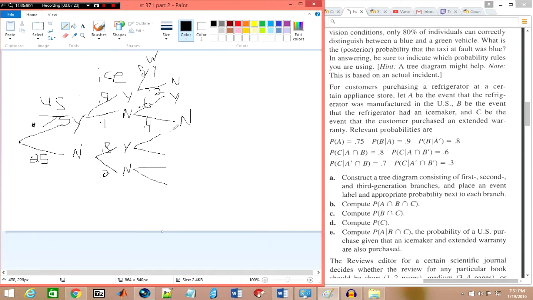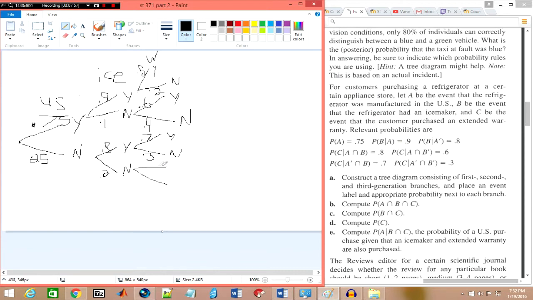All right. Now this is the probability of C given A complement and B. So that would be this one right here, 0.7 for yes, and that makes this 0.3 for no. And then this one will be the probability of C given A complement and B complement, because neither one of them happened.